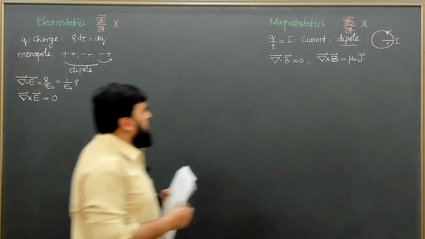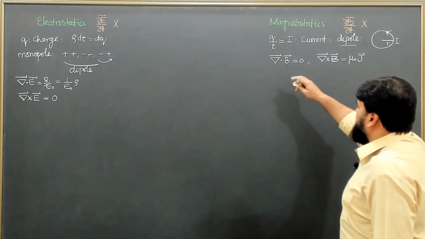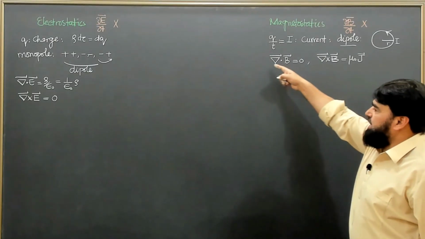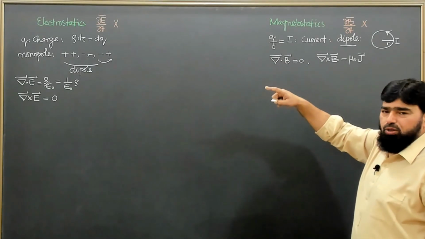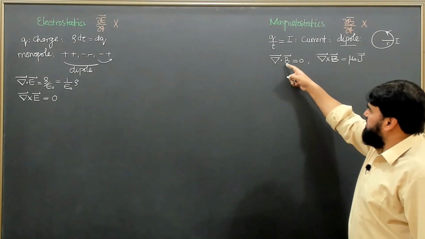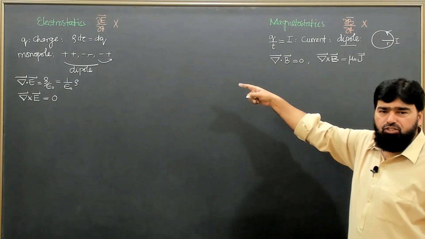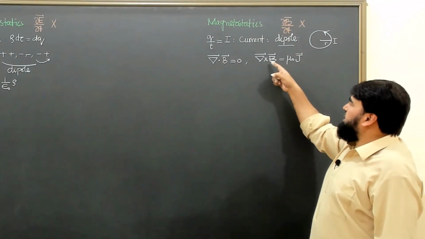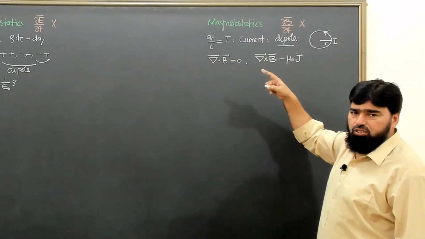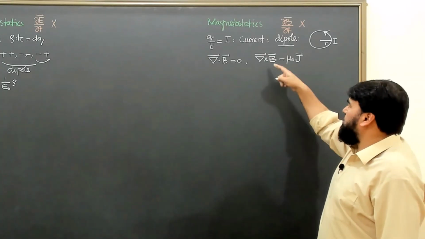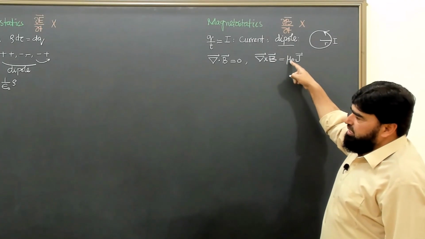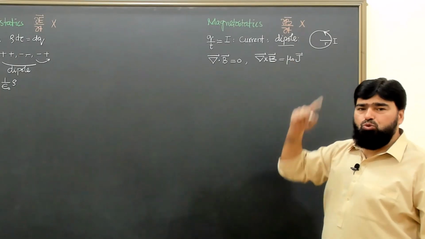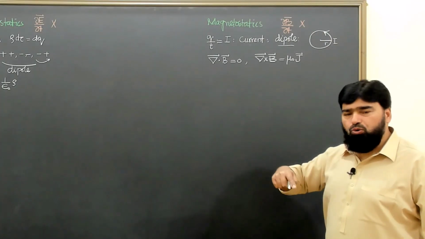Now if I come here, the divergence and curl are interchanged. There the divergence is 1 over epsilon naught times rho, and here the divergence is 0. The curl there is 0. And when I come to the curl of B, it is like the divergence there.